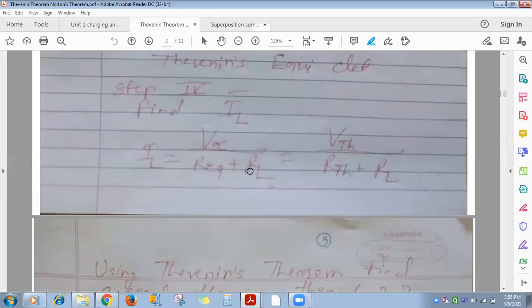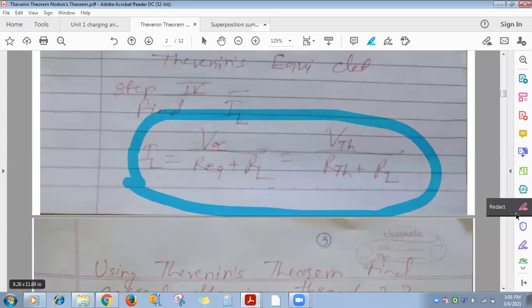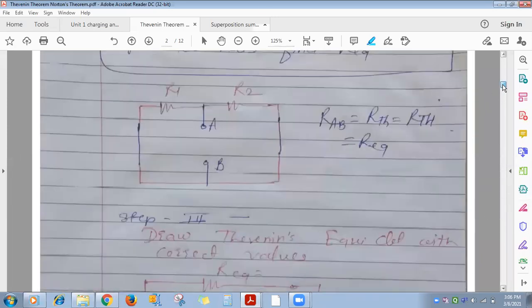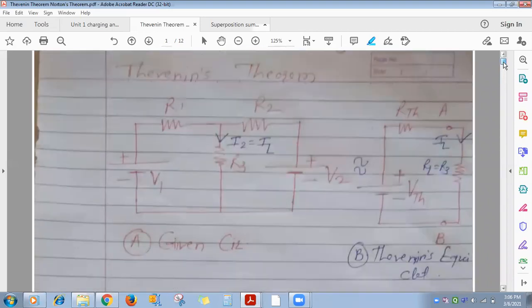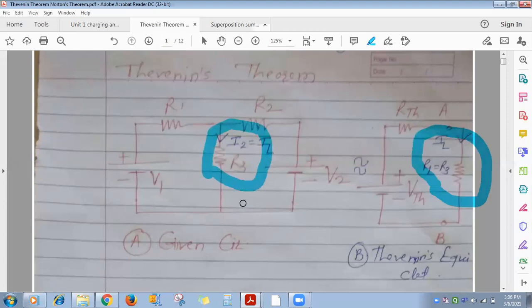If you use this method to find out VTH and RTH, and apply this formula for Thevenin's equivalent circuit, then according to Thevenin, both the circuits are identical to each other. Identical means what? Value of load resistance in both the circuits will be same, and current flowing through it in both the circuits will be same. So clear to all of you Thevenin's theorem?